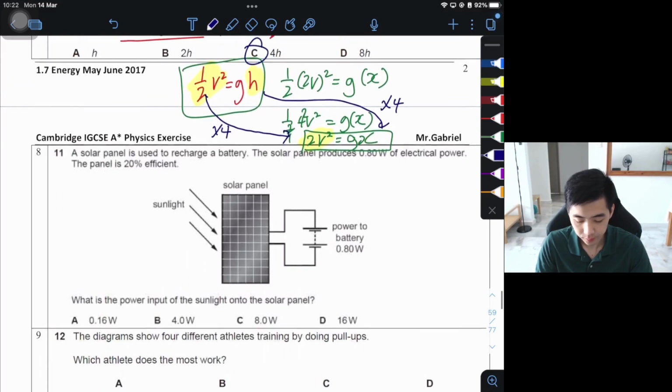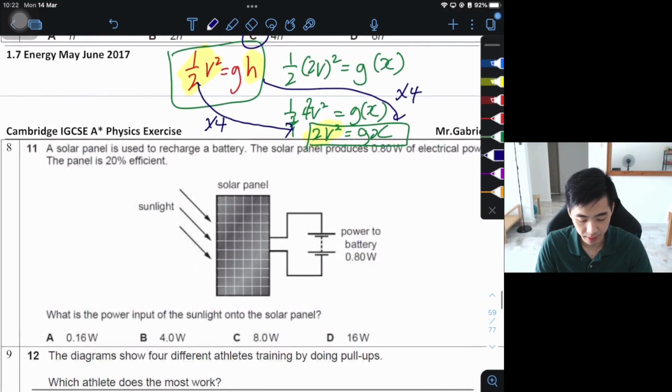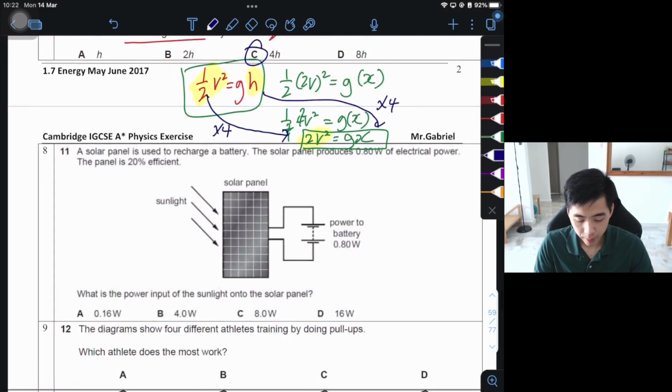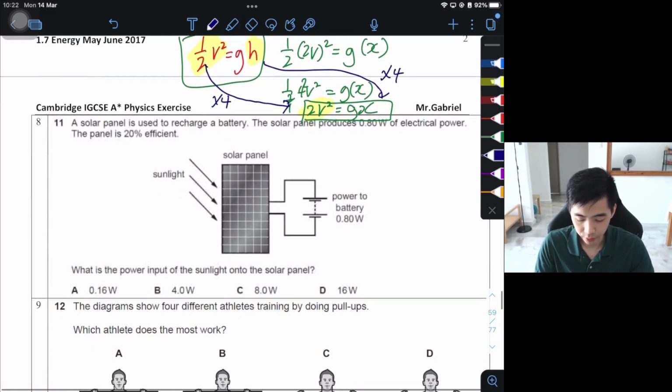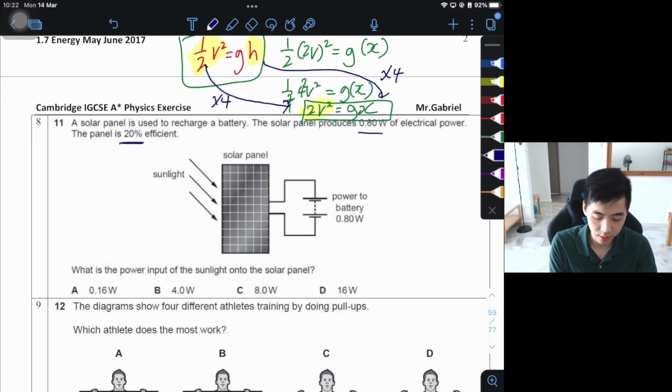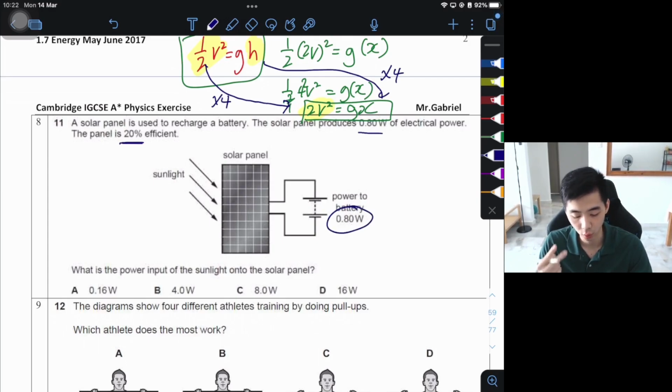Then looking at this next part here, a solar panel is used to recharge a battery. The solar panel produces 0.8 watts of electrical power and is 20% efficient. What is the power input of the sunlight on the solar panel here? Basically they say that this 0.8 watts is only 20%.